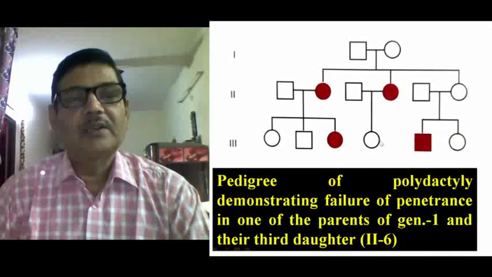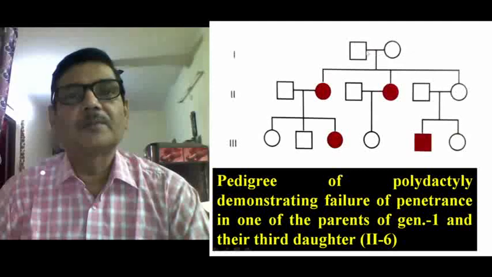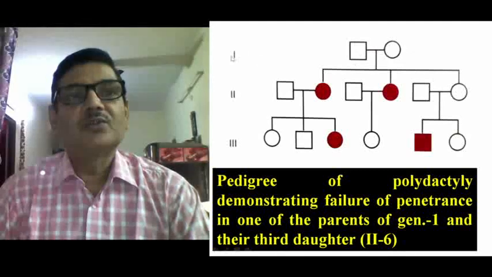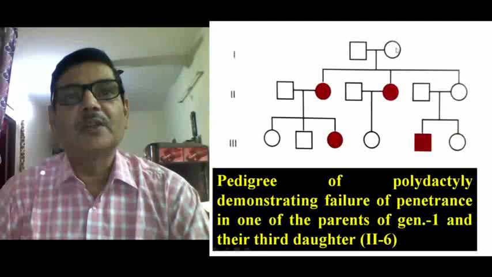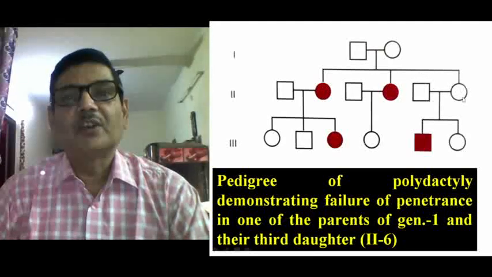Now this polydactyly has been studied in one of the families, and the pedigree is shown here. In this case you see the parents of the first generation have a normal phenotype, but they have 3 children, meaning 3 daughters in the next generation. See, this daughter is a polydactyl person. This daughter is also showing the trait, but the third one is not showing the trait.